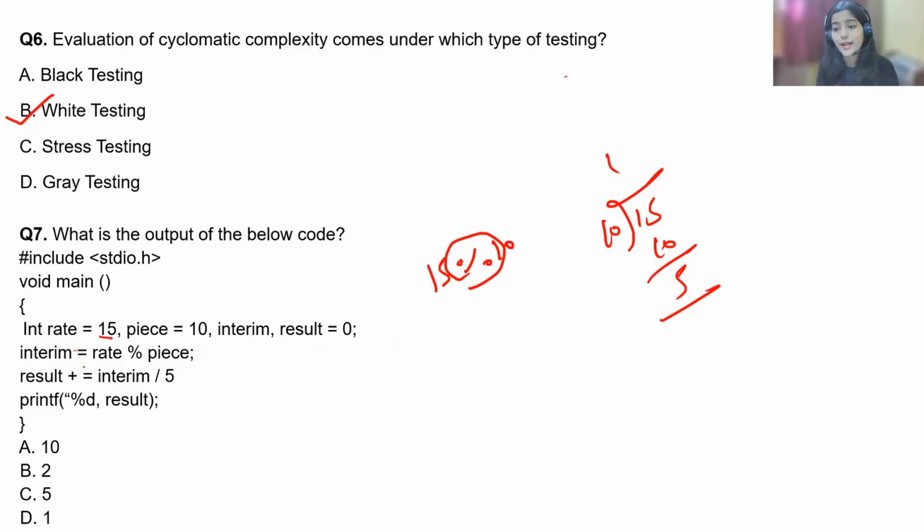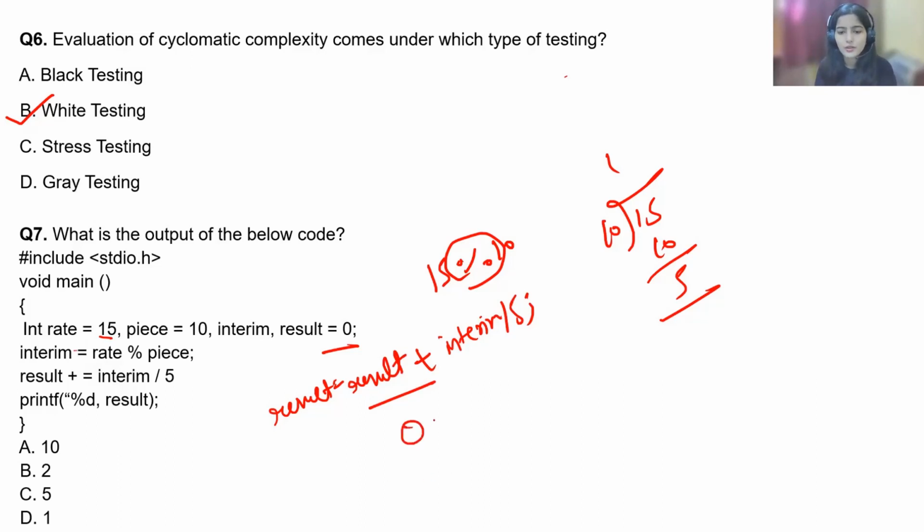So what is the value of interim now? That is 5. Now we have result, which was initially 0. Now the plus equal to is nothing but result equal to result plus interim divided by 5, right? So don't be confused about this plus equal to. I know it must be clear to you, as this is a very basic thing.